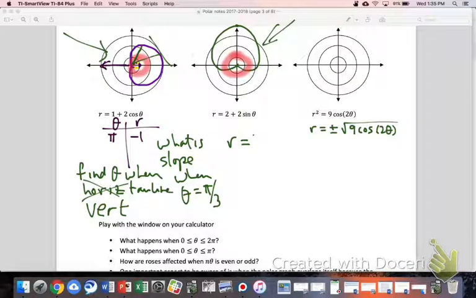True. So the lemniscate forms like this. Mine still leaves a space by the origin. We just have to tighten it up a little bit more.